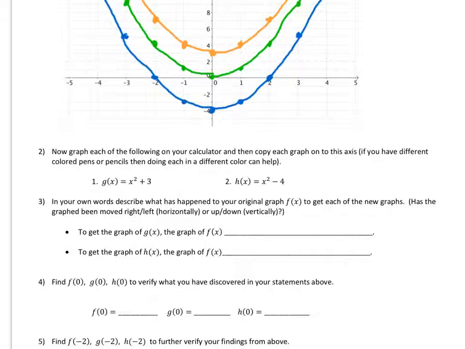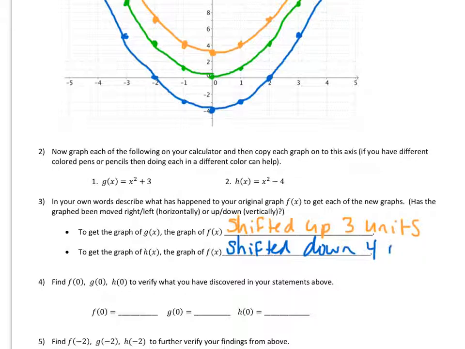So to get the graph of G of x, the graph of F of x was shifted up 3 units. And to get the graph of H, the graph of F of x was shifted down 4 units.